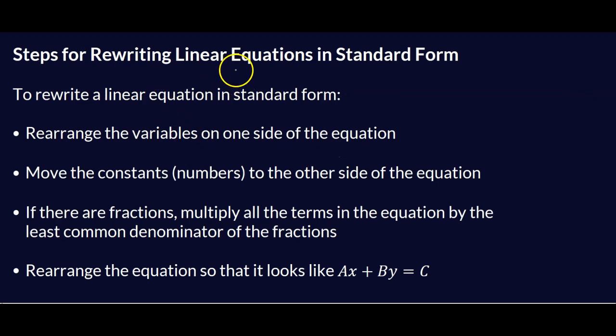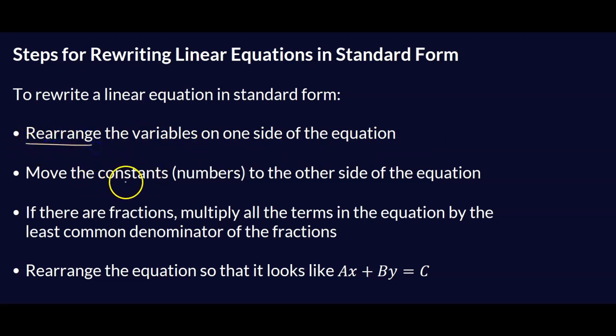So how do we go about rewriting linear equations in standard form? The first thing we want to do is rearrange the variables on one side of the equation. So you want to make sure that you move all the variables to one side of the equation, and then we move the constants, or the numbers, to the other side.